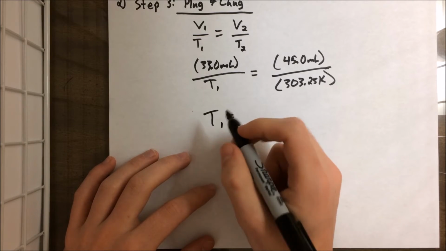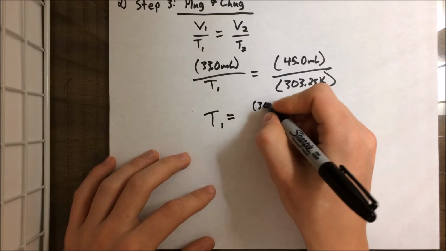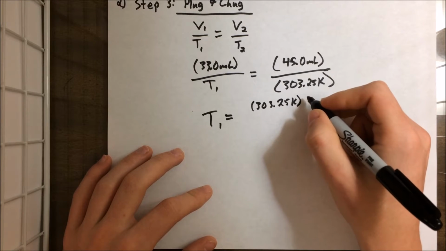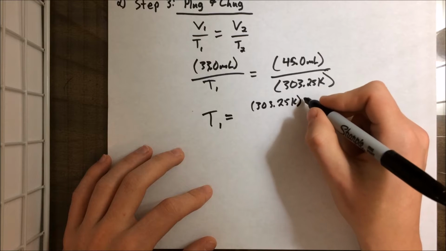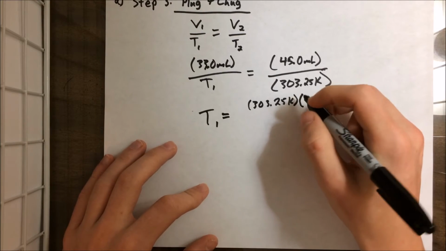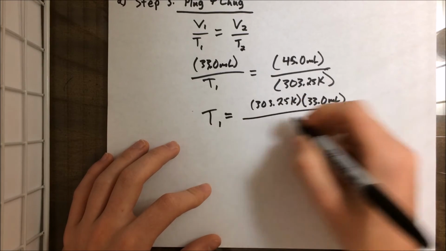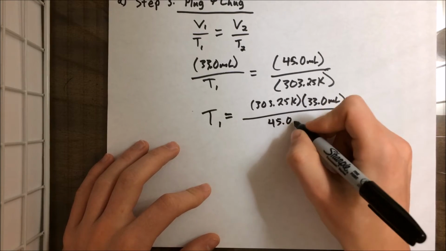The initial temperature is equal to 303.25 Kelvin times 33.0 milliliters all over 45.0 milliliters.